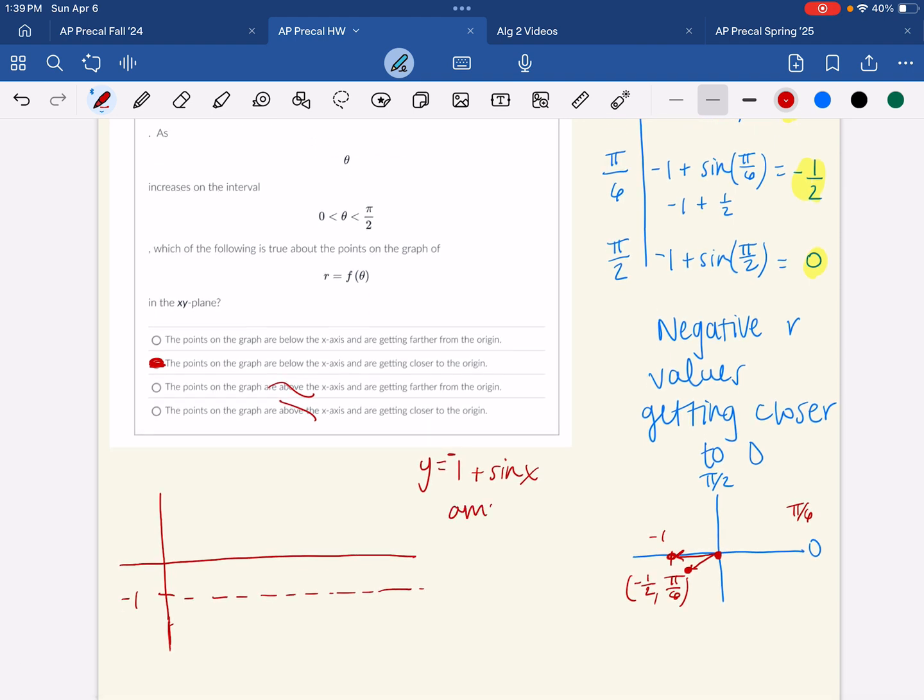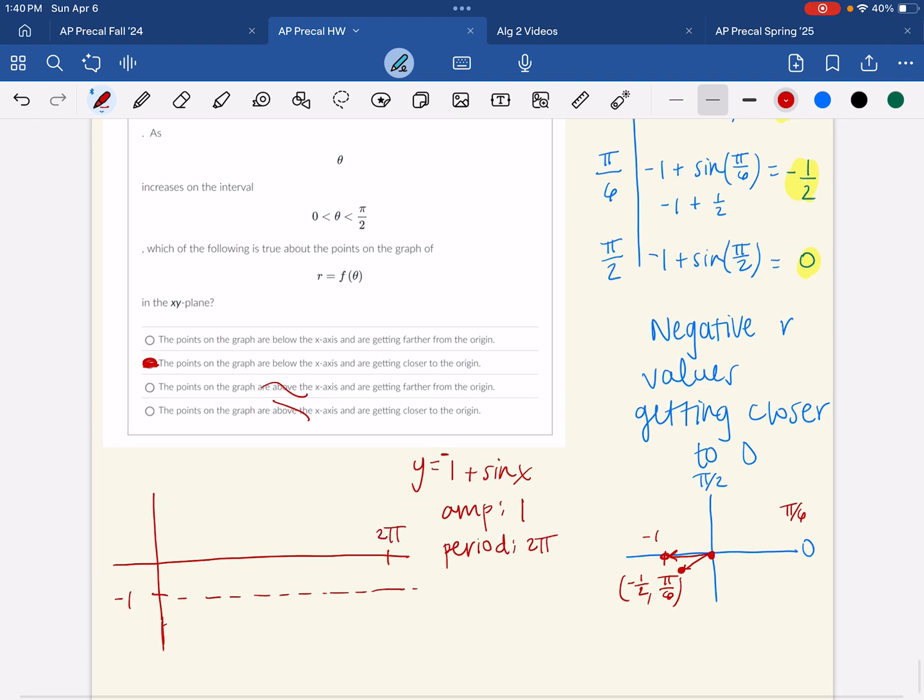Our amplitude would be 1, and the period would just be 2 pi. If I put 2 pi at the end, sine starts at its midline, and if the amplitude is just 1, here's pi. So I'm going to start at the midline, reach the maximum first, and head back to the midline. Reach the minimum second, back to the midline.